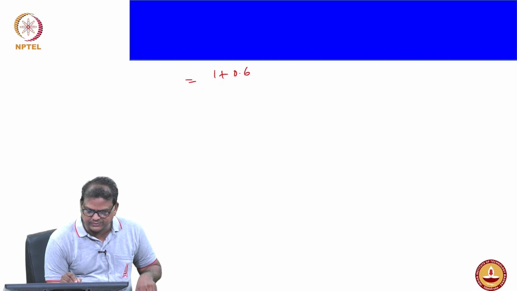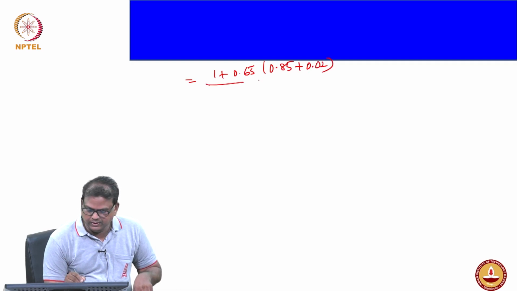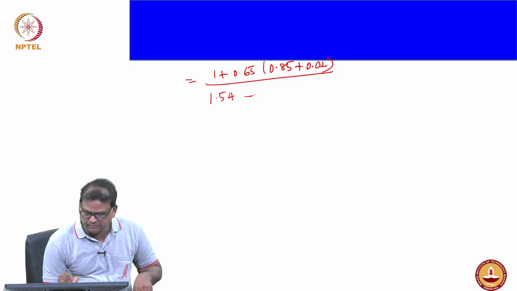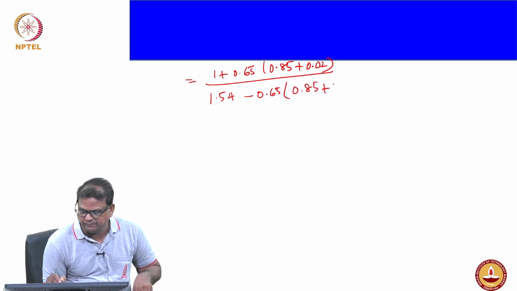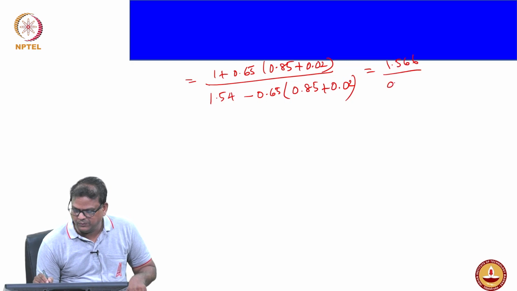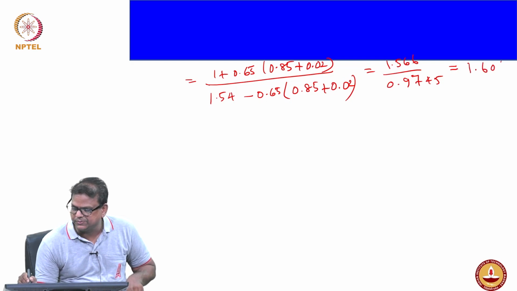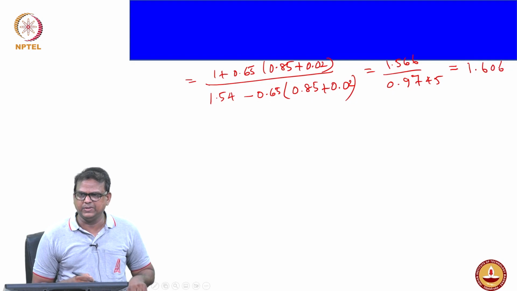L2 is 1, H is 0.65, mu s is 0.85 plus mu r 0.02, divided by 1.54 minus 0.65 times 0.87. That gives me 1.566 over 0.9745, which comes to 1.606.